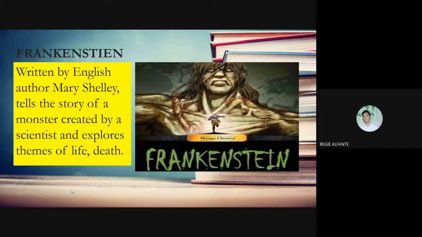So we have here an example of fictional prose, which is Frankenstein, written by English author Mary Shelley. It tells the story of a monster created by a scientist and explores themes of life and death.